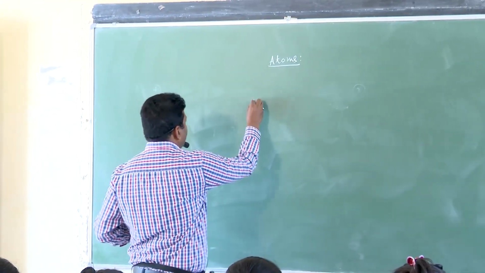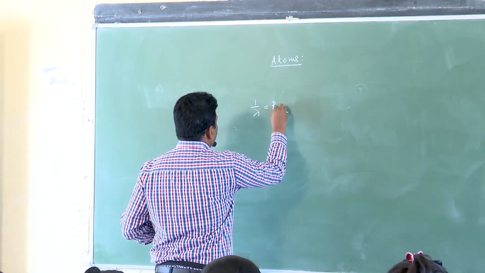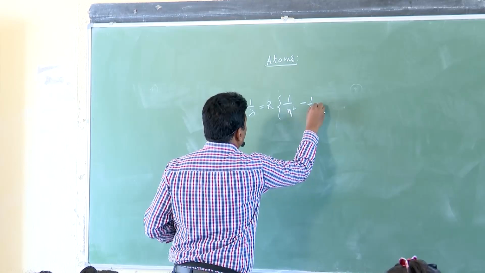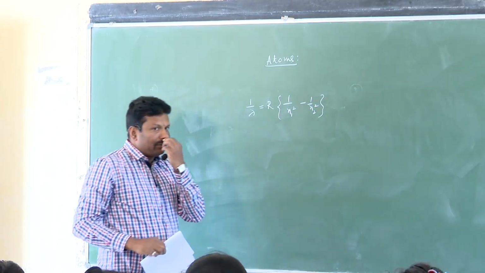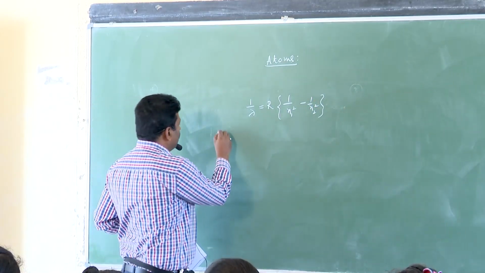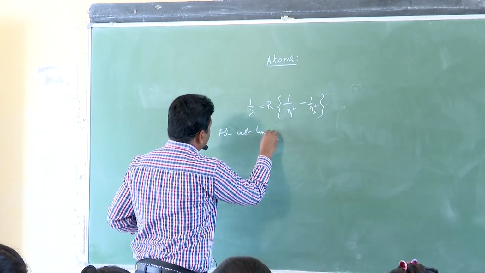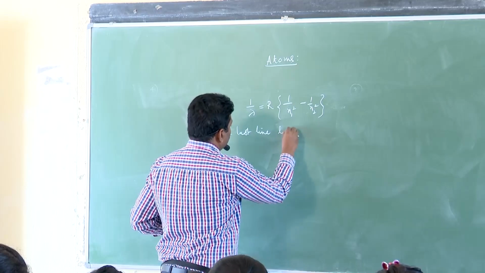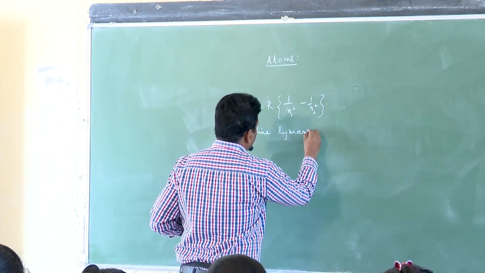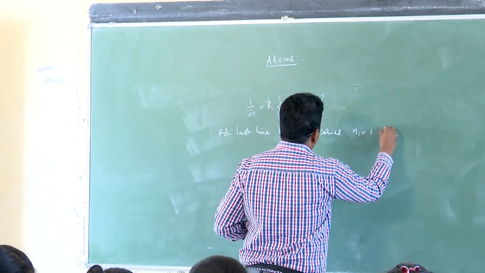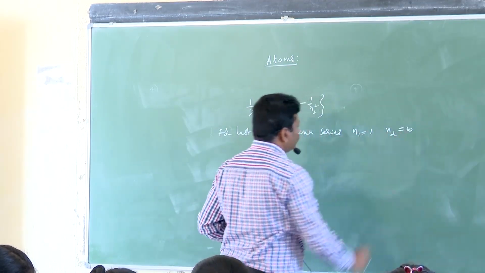So we know 1 by lambda is equal to R into 1 by n1 squared minus 1 by n2 squared. So for the last line of Lyman series, n1 is 1, n2 is infinity.